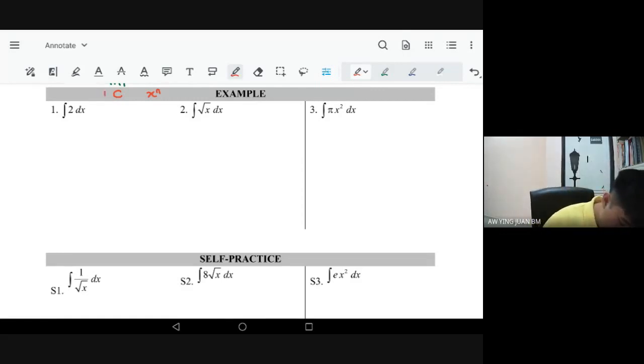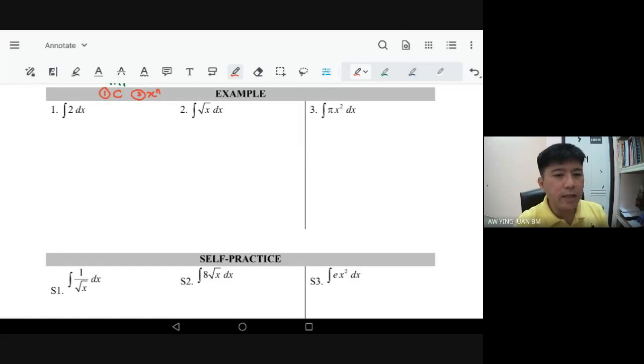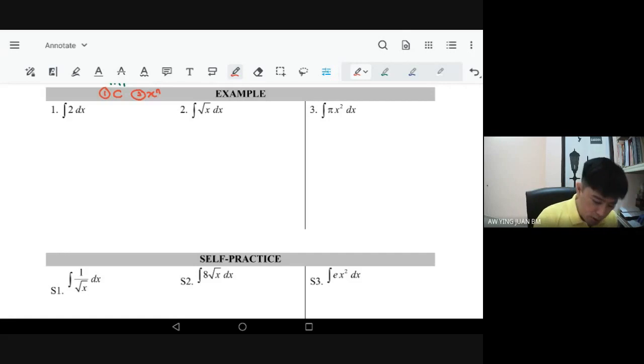Ini 1, ini 2. So, saya dah mula mengajar macam mana nak integrate. Kalau sesiapa yang dia rasa blur dengan topik integration ini, you ikutlah step ini. Setiap kali bila you integrate, you kena clear. You tengah integrate apa? So, number 1, constant. Number 2, X to the power of N.